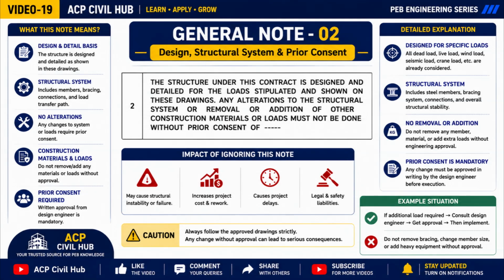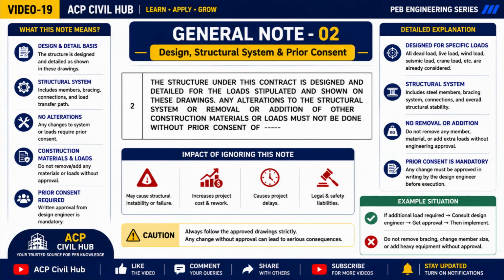The note also clearly mentions that no alterations to the structural system are allowed without prior approval from the design engineer. This includes removing any structural member, adding new members, modifying existing connections, changing the building layout, or placing additional equipment and loads that are not included in the original design.